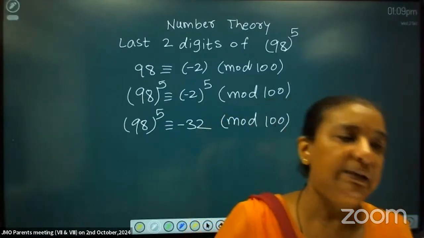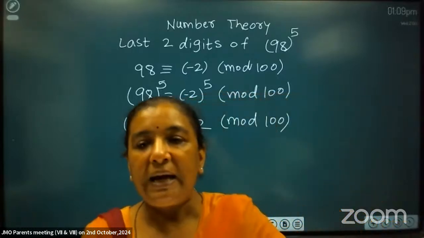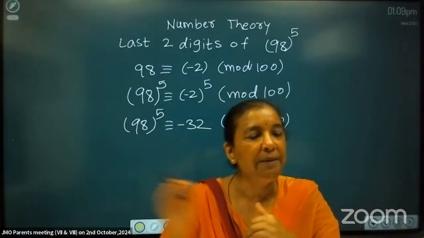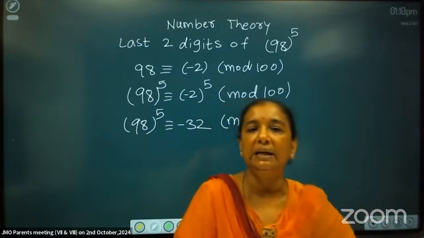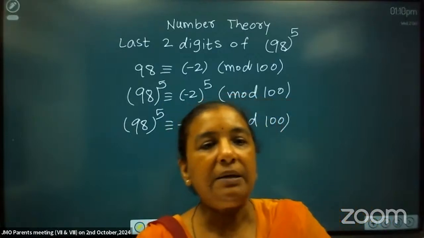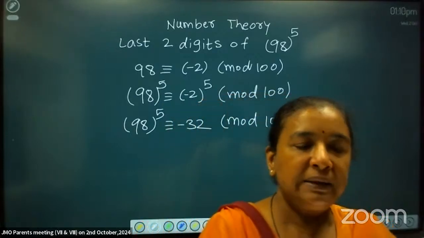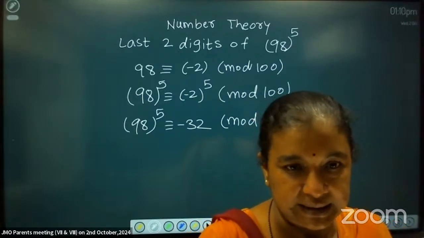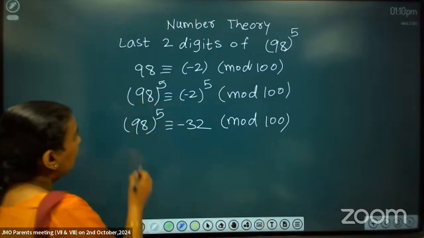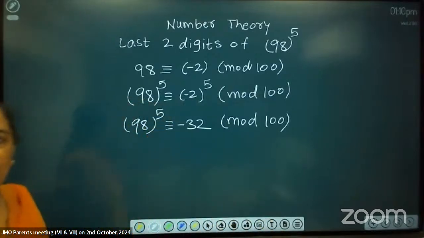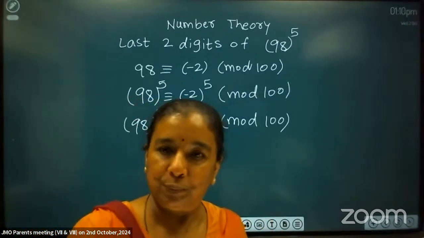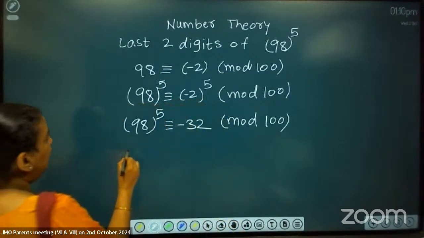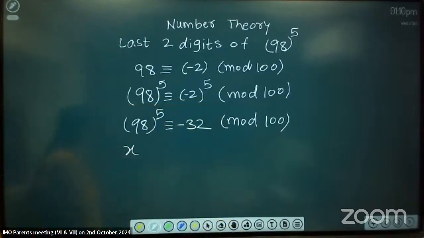Now you tell me one thing. When I divide one number by another number, there is a remainder. If I subtract the remainder, then that number becomes divisible by the given divisor. Correct? So see here, 98 to the power 5, I do not know the value. So I write 98 to the power 5 as x.